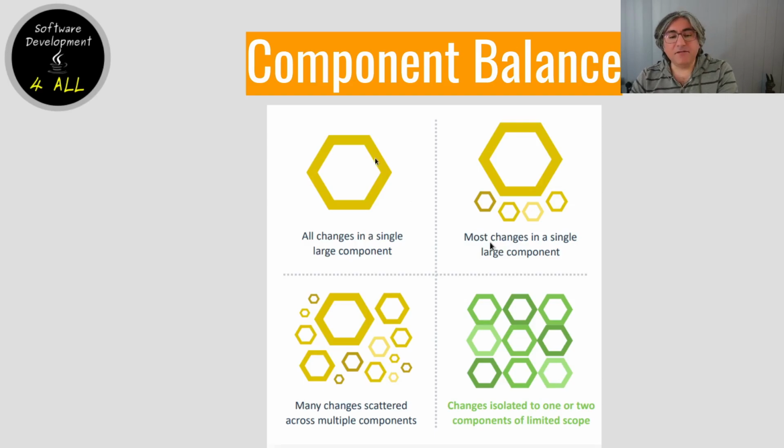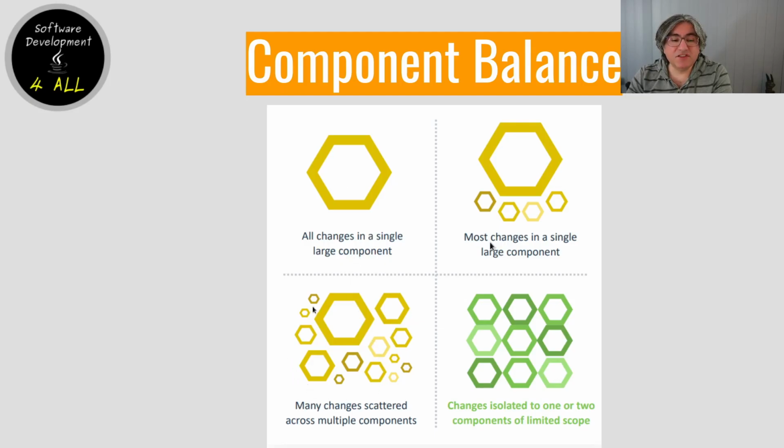So if everything is all in one place, then you always have to change everything. So if everything is here and you need to make a change here, then this is one big block of code or one big class or one big module, and you always have to do it here. So this component has a big risk, because every time you change it, you're changing everything. And that means it's very easy to break something.